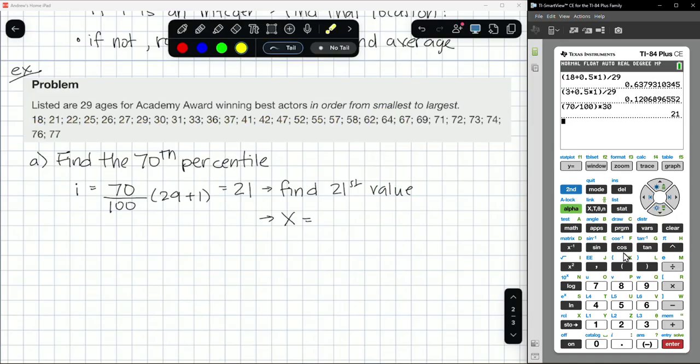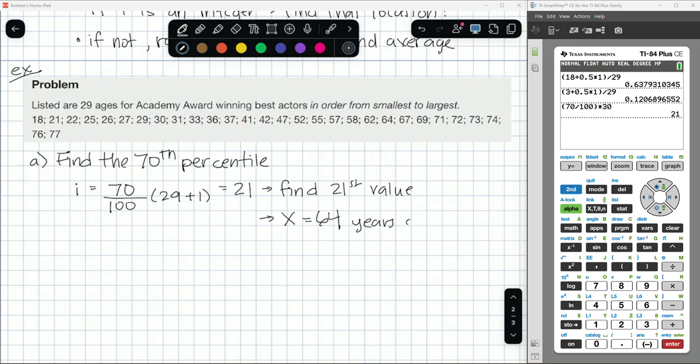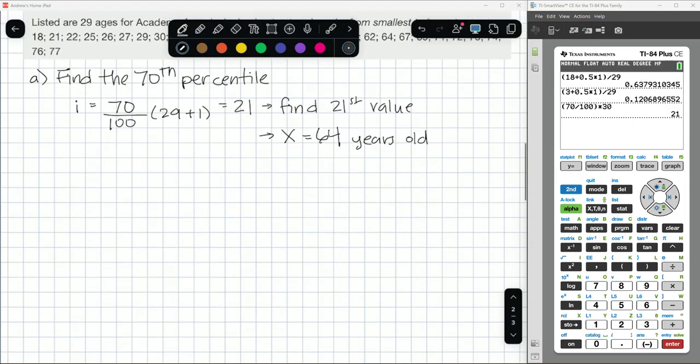So 21 is 64. So the 70th percentile corresponds to an age of 64. Let's go ahead and try another one.